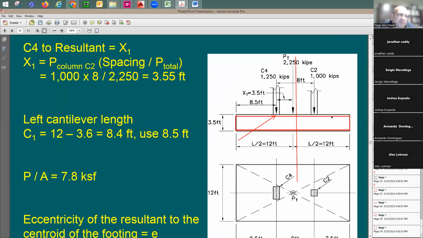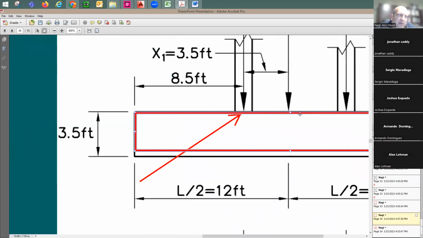So in this case here, the footing is going to be right here, right? But the actual location of the centroid of this resultant force is not going to be right in the centroid of the footing. Actually, it's going to be shifted. And the question is by how much? You see the difference between this white little box and the footing.